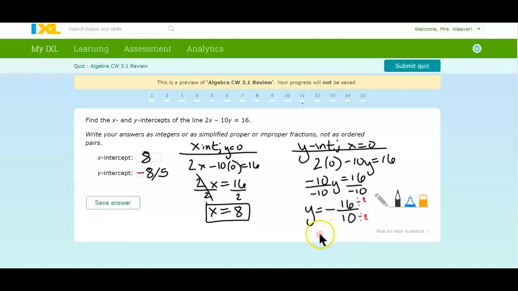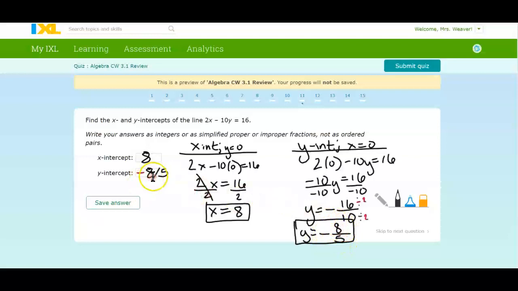So again, this is a negative, and 16 divided by 2 is 8, and 10 divided by 2 is 5. So as a properly written fraction, this is negative 8/5. When I have an answer space where I can write this as a properly written, stacked fraction, where the numerator is on top of the denominator, then the proper way to write it would be with the negative in front, the numerator on top, and the denominator on the bottom.